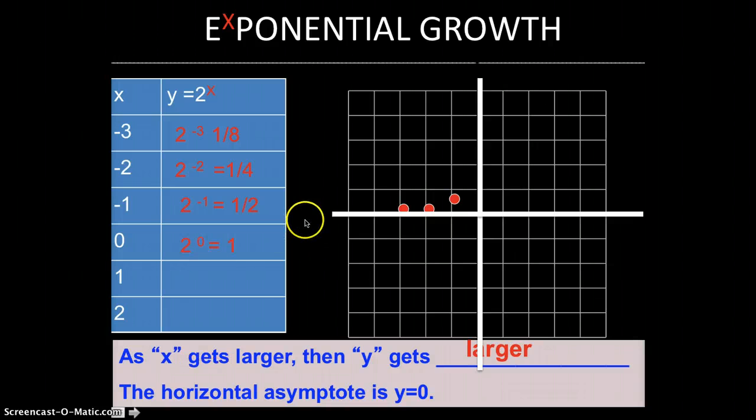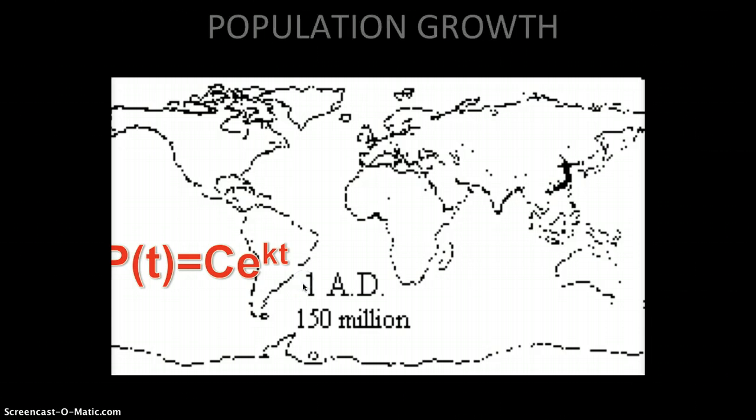Then I plug in 0, anything to the 0 power is 1, and then a 1, and that gives me a 2, and then 2 squared is 4, which gives me the last point, and so this graph goes up and grows rapidly, and y equals 0 and y equals k are the horizontal asymptote, and so that's an illustration of 2 to the x power.